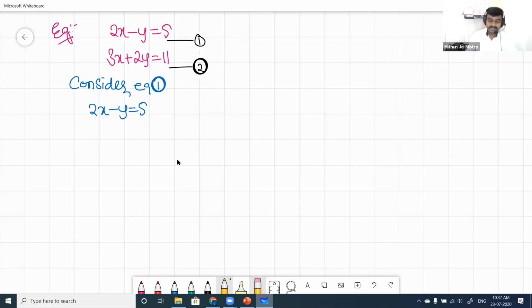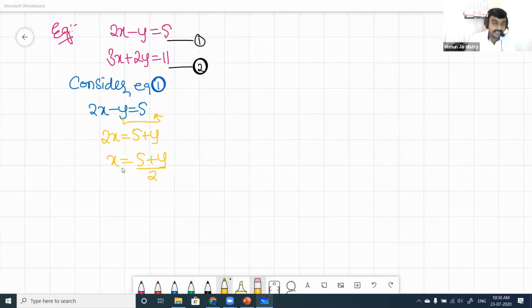Now, in simple terms, we need to transpose all the other terms; only x should be left. What will we get? 2x is equal to 5, and this minus y will become plus y. The minus y has gone to the other side. Now, the 2 will also come to the right hand side and we get x is equal to (5 plus y) by 2. This is what I call making x the subject.